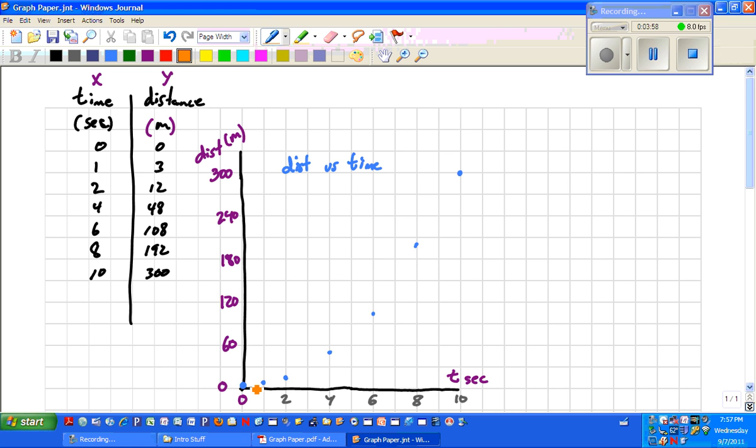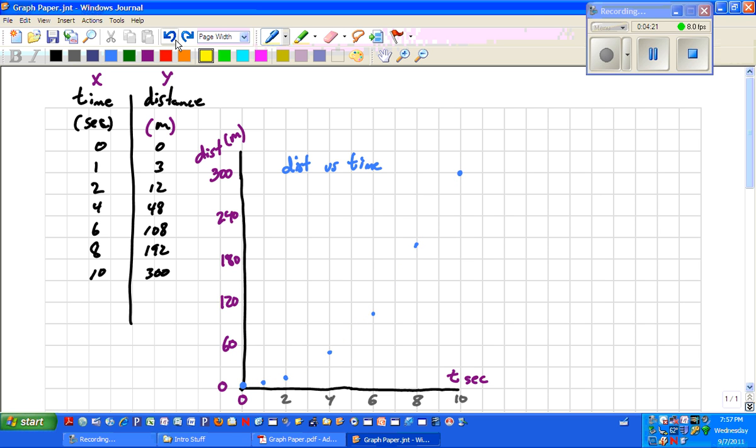If I try to draw a straight line through this, clearly a straight line does not fit. This looks a lot like a top opening parabola. You can see the nice sweeping curve going up, top opening parabola.